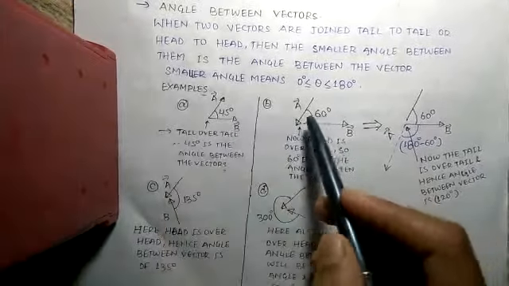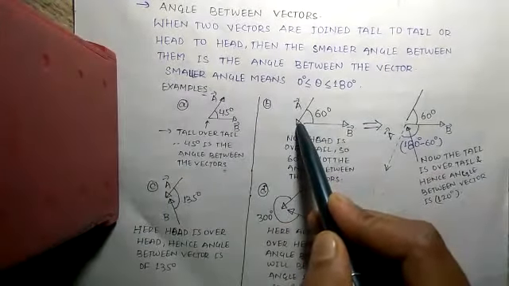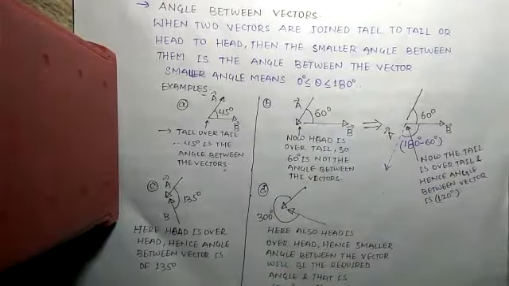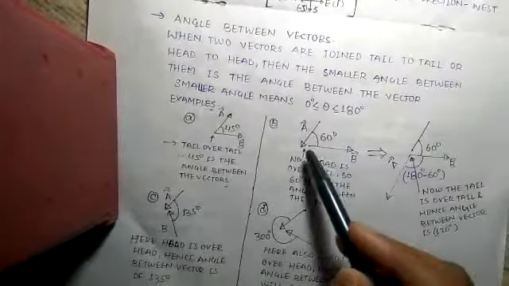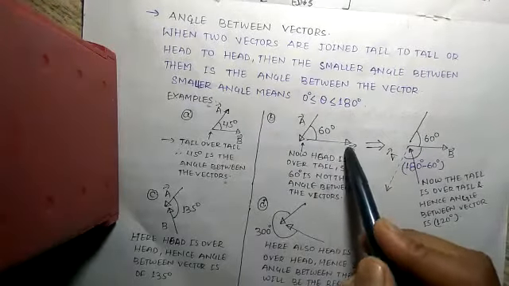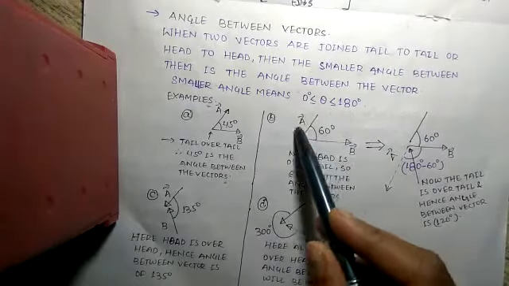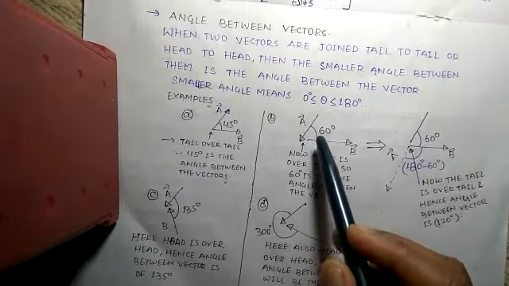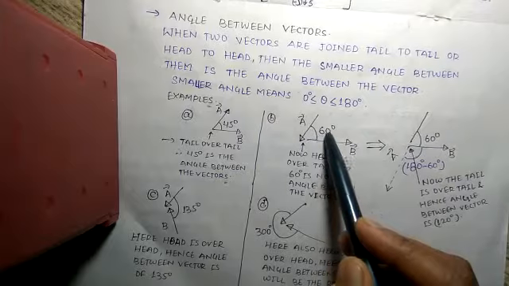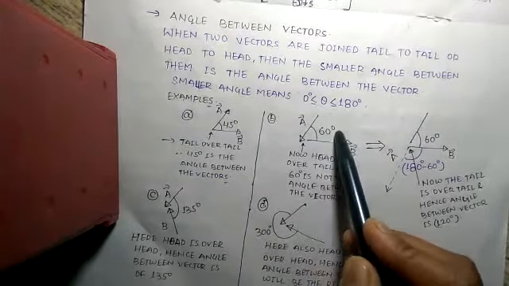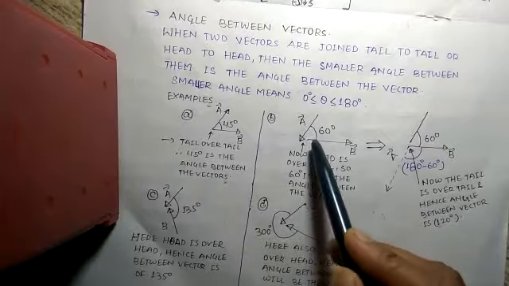In a similar way, in example b, we can see that there are two vectors, and the head of vector a is combined with the tail of the other vector b. Hence it is not fulfilling the criteria of angle between the vectors. Clearly 60 degrees is not the angle between a and b vector, because head is not over head, or tail over tail.